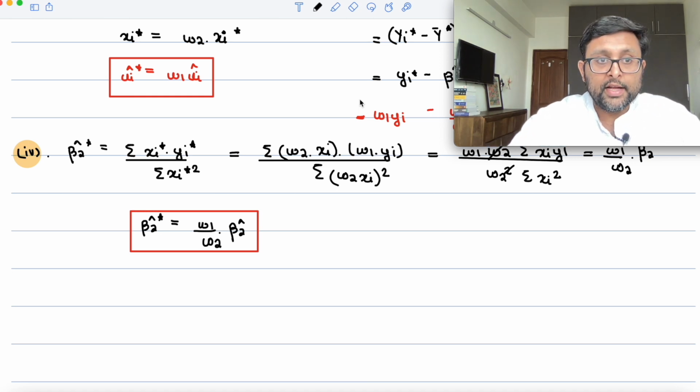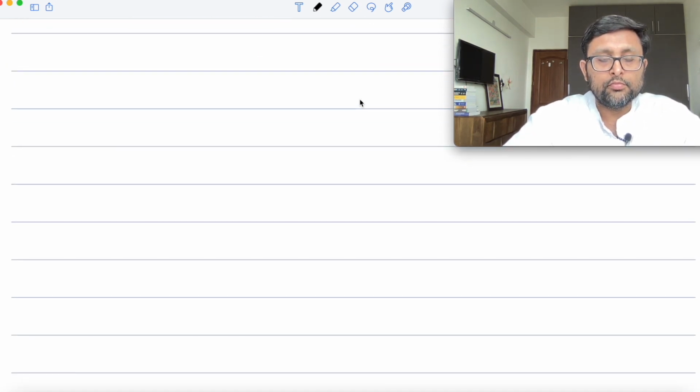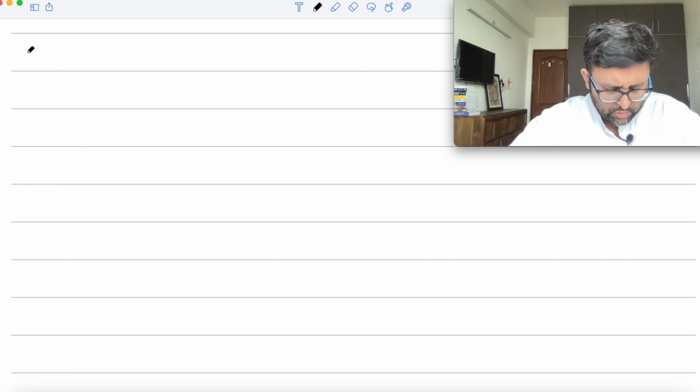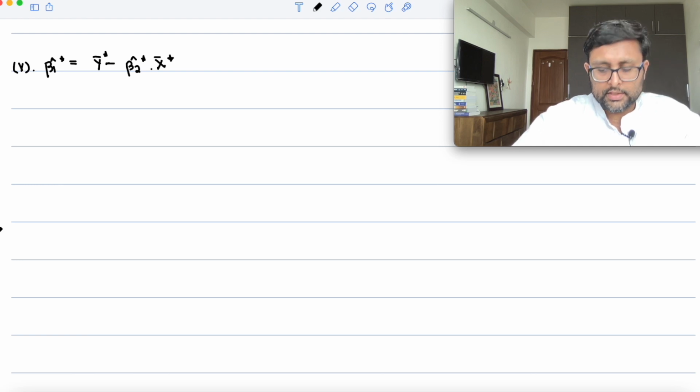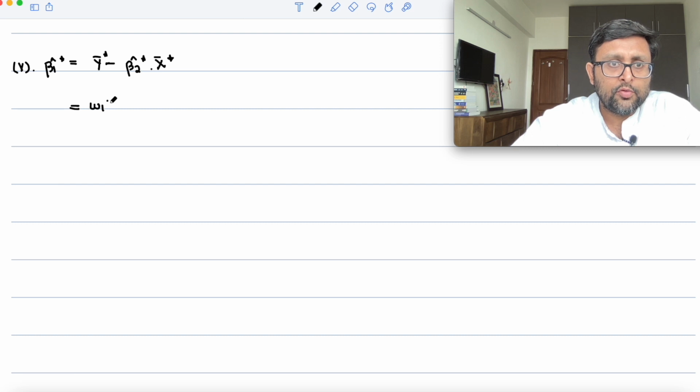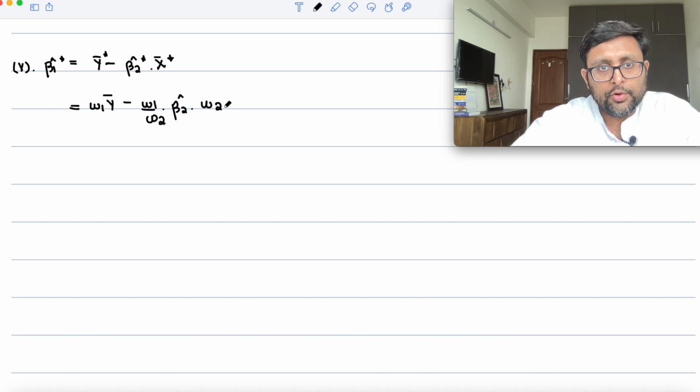What about this beta 1 hat star? Beta 1 hat star is what? Y bar star minus beta 2 hat star x bar star. What is y bar star? W1 y bar. What is beta 2 hat star? W1 by W2 beta 2 hat. What is x bar star? W2 x bar.